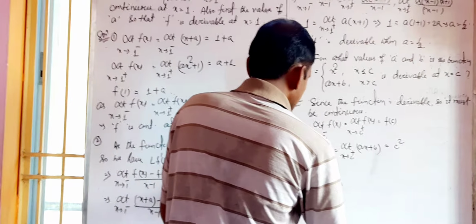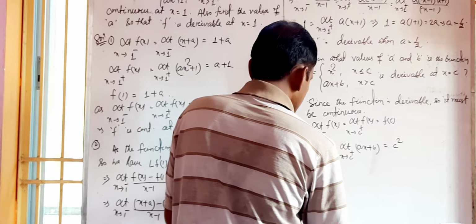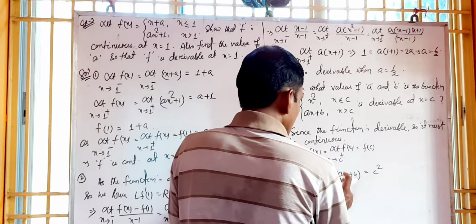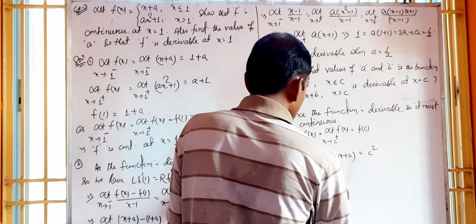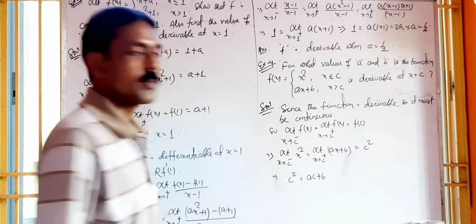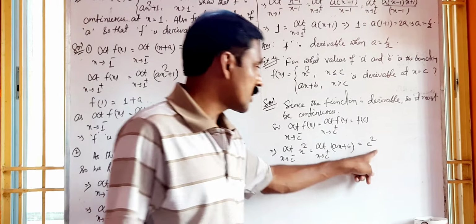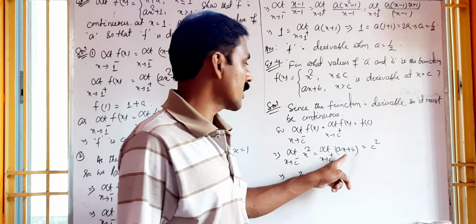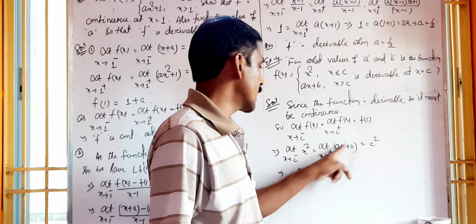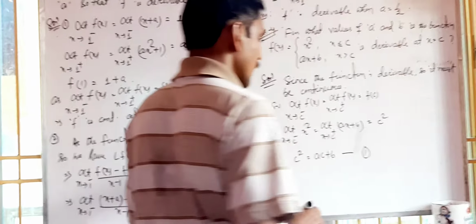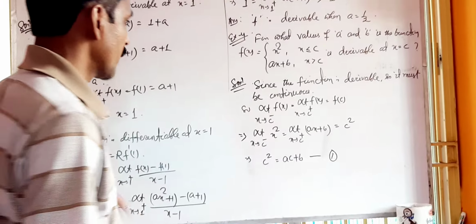This implies c square equals ac plus b. Here c square is also c square, an algebraic function, so in place of x you put c, so it is ac plus b. That is our first relation.